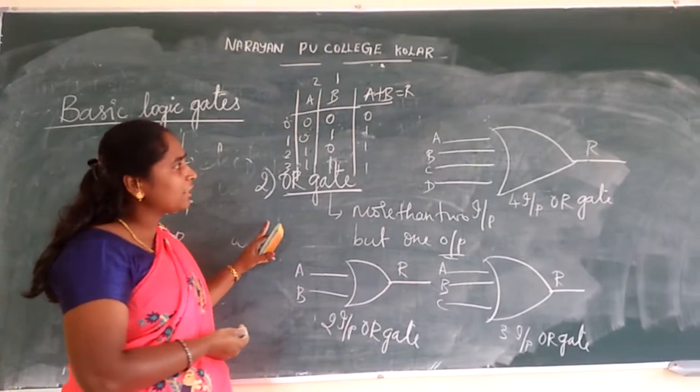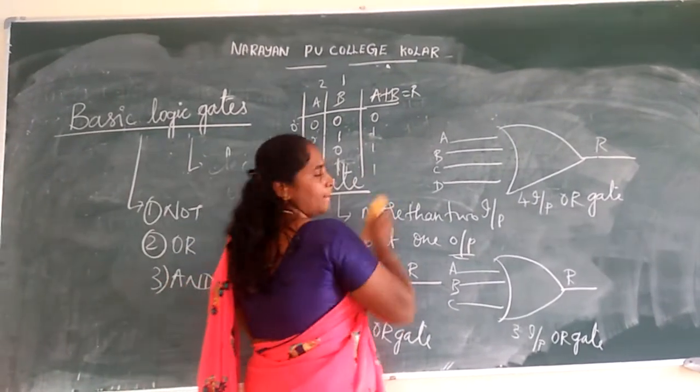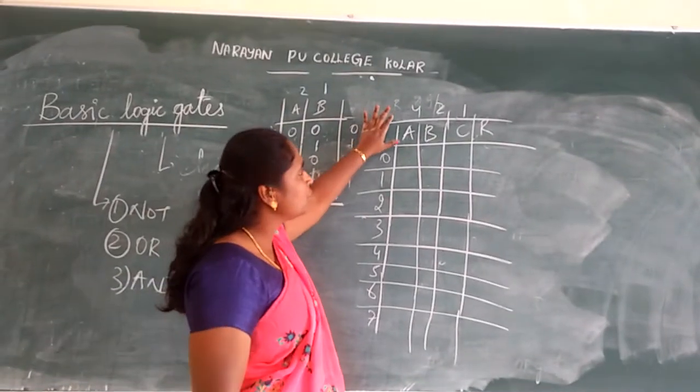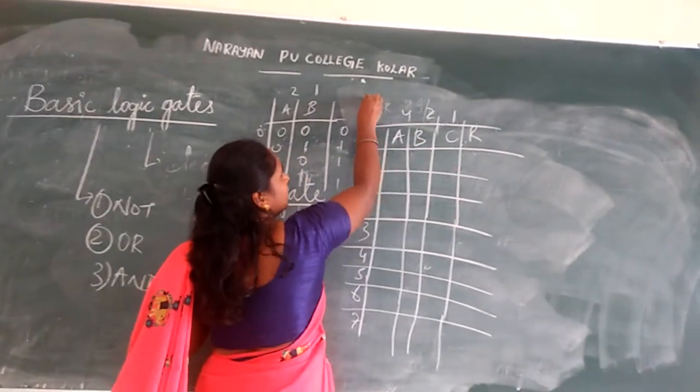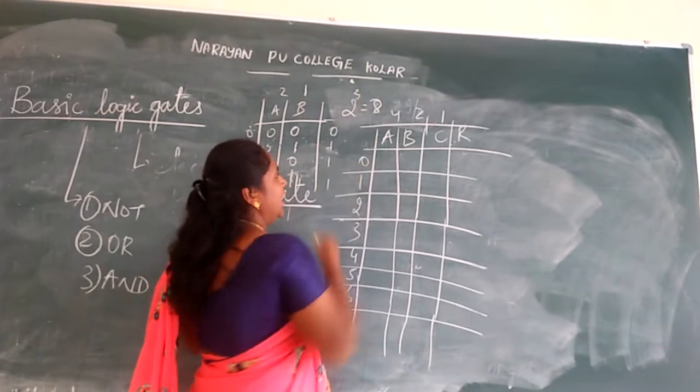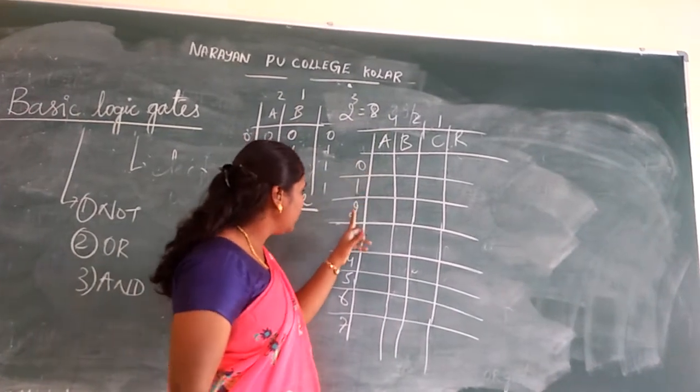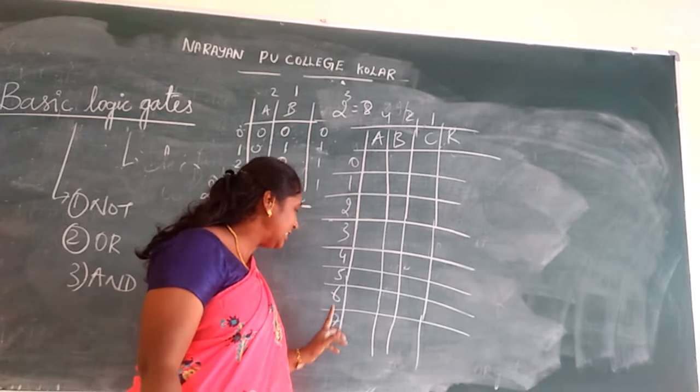Suppose you want to go for the three input signal of the OR gate. You have 2 to the power of 3, that is 8 possible ways: 0, 1, 2, 3, 4, 5, 6, 7.